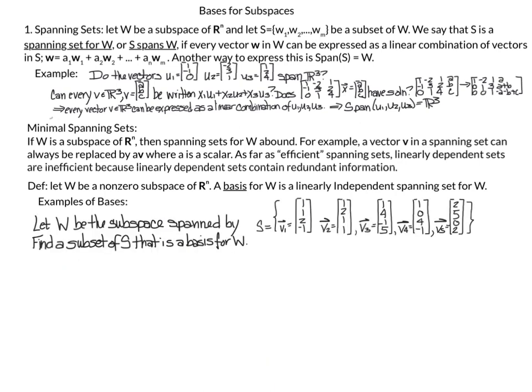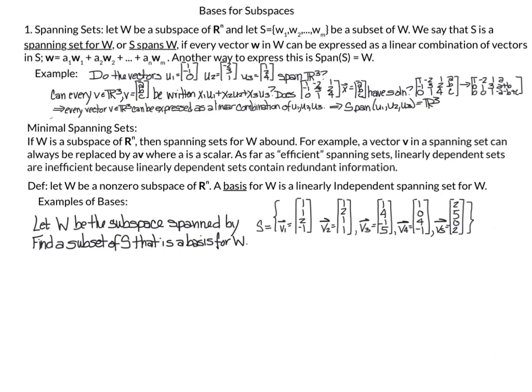Another example: let W be the subspace spanned by S, and we have 5 vectors: (1, 1, 2, negative 1), (1, 2, 1, 1), (1, 4, negative 1, 5), (1, 0, 4, negative 1), and (2, 5, 0, 2).